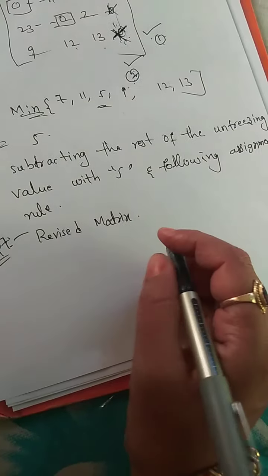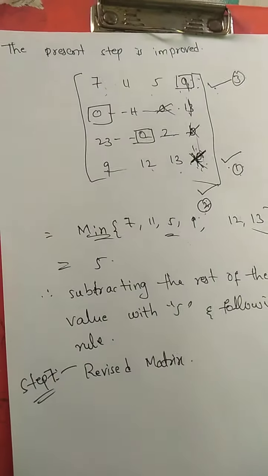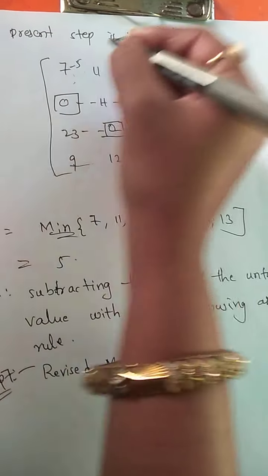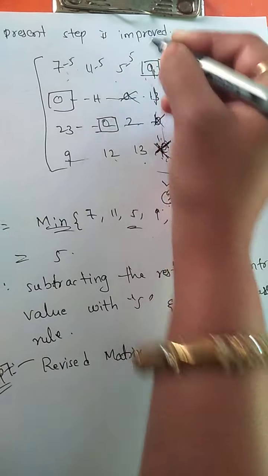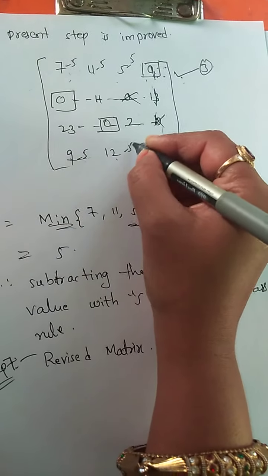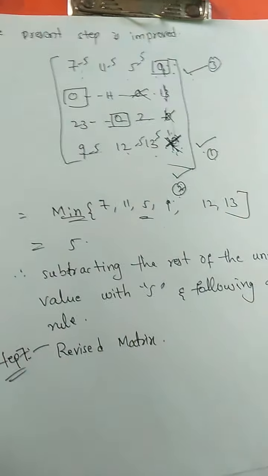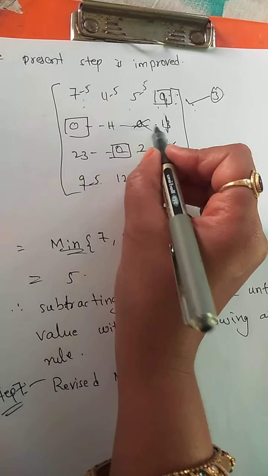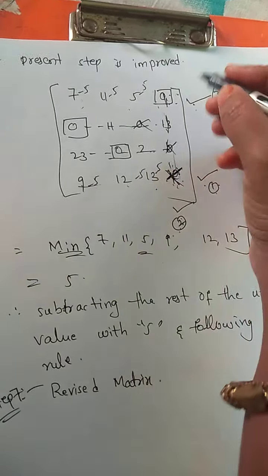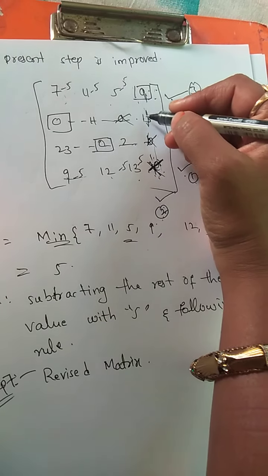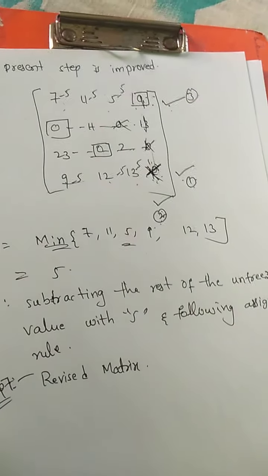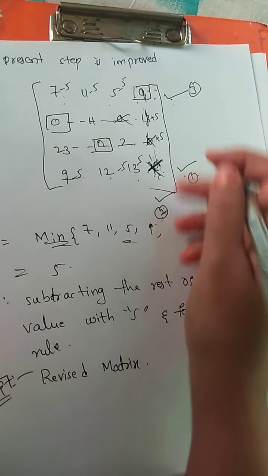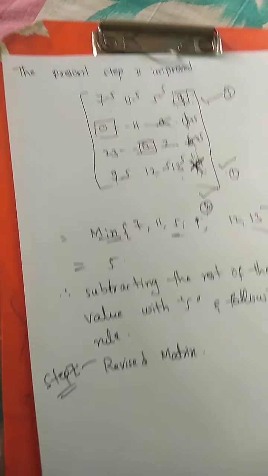So it means we have to subtract 5 from the rest of these values. The lines which are single remain the same, but where two lines intersect, those are added with +5.